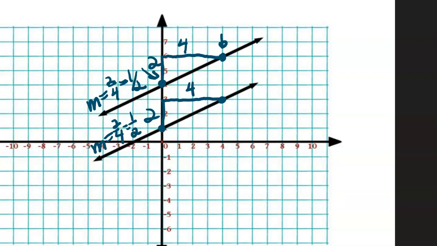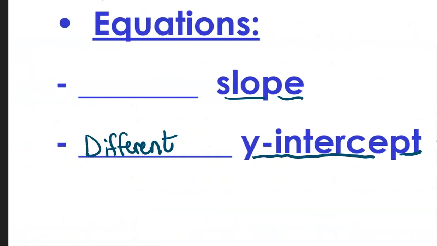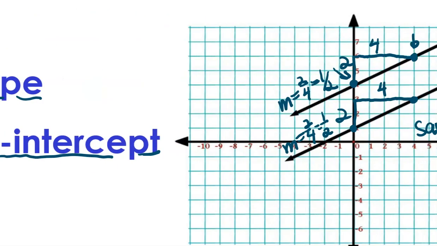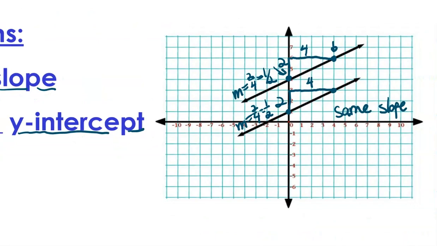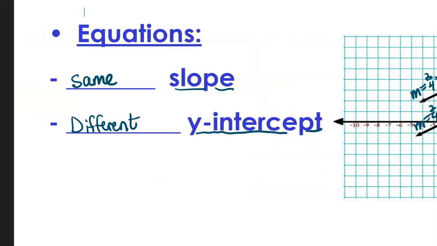So you notice that these lines have the same slope. Let's go over here and put that down. So these equations have the same slope. Looking at that, we've determined that parallel lines have to have the same slope and different y-intercepts.